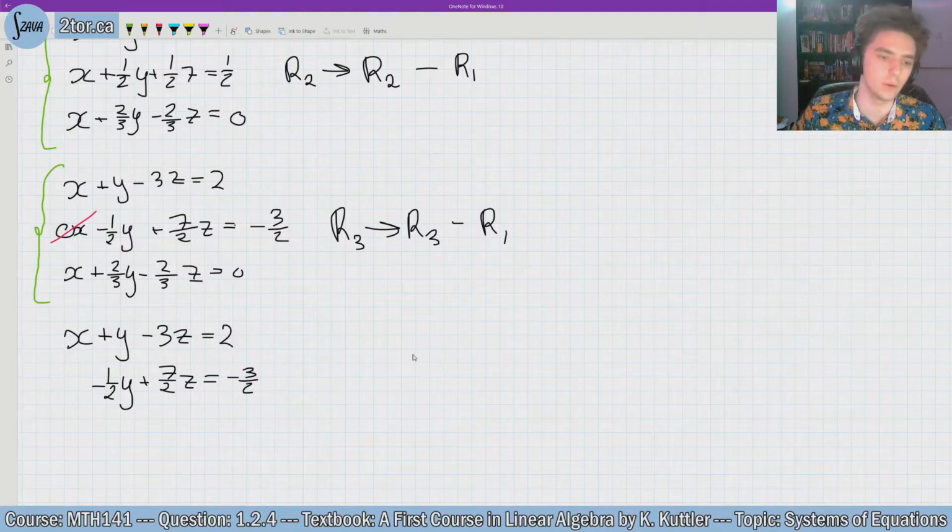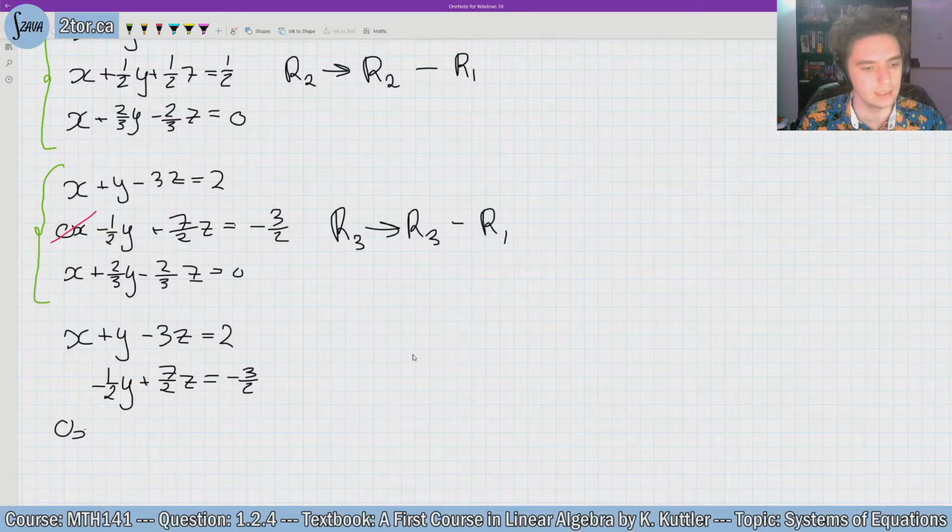And now finally our row 3 is changing. So x minus x, it's row 3 minus row 1. So x minus x is 0x. 2/3 minus 1 is going to be negative 1/3. So negative 1/3 y. And negative 2/3 plus 3, or negative 2/3 minus minus 3, which is the same thing.